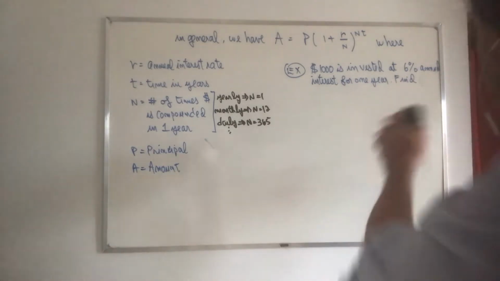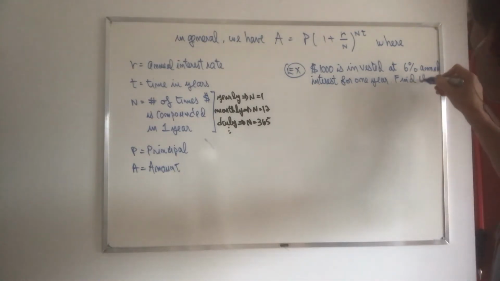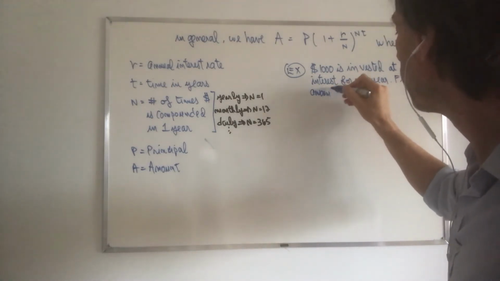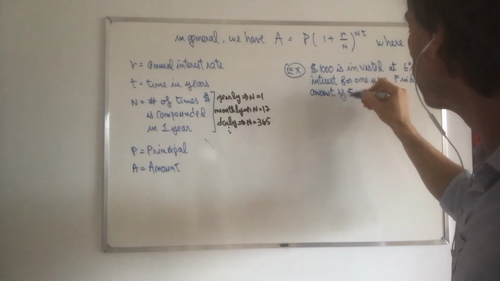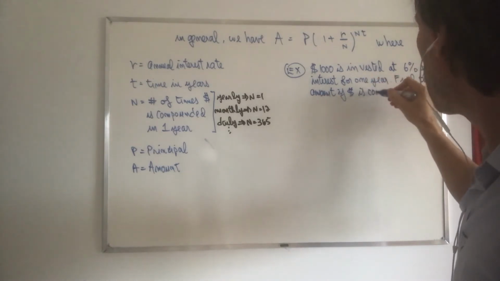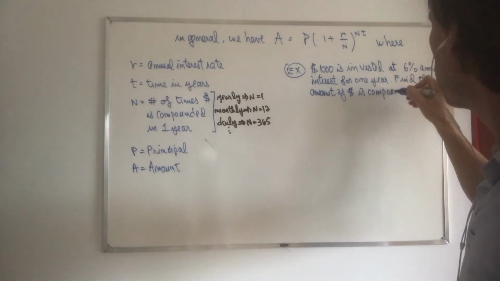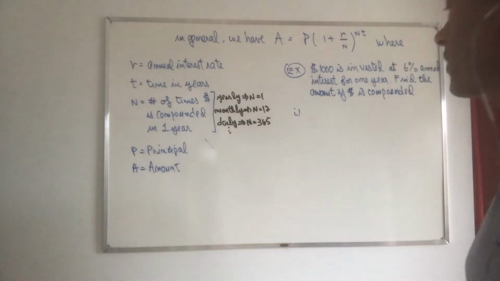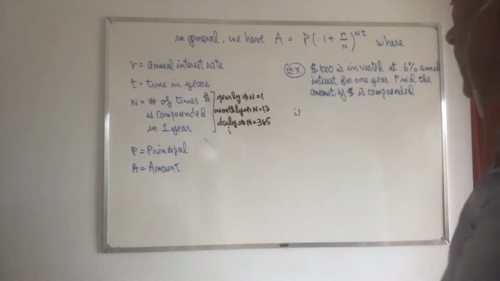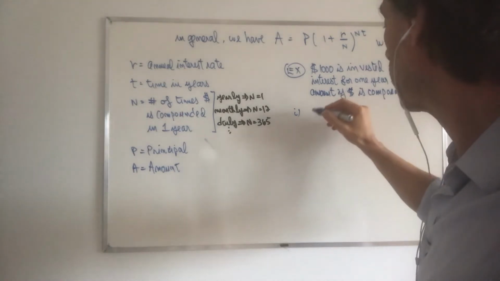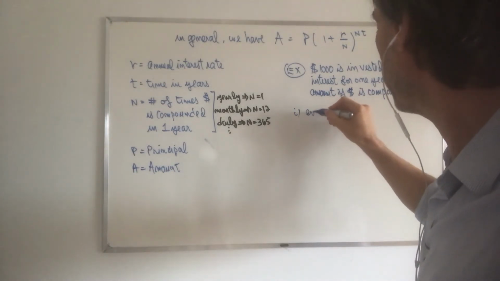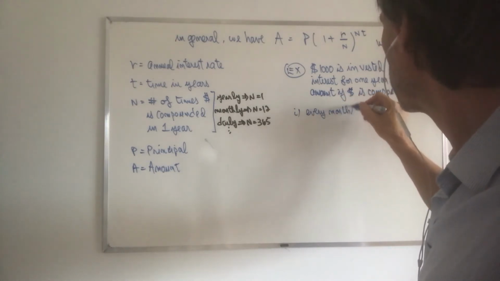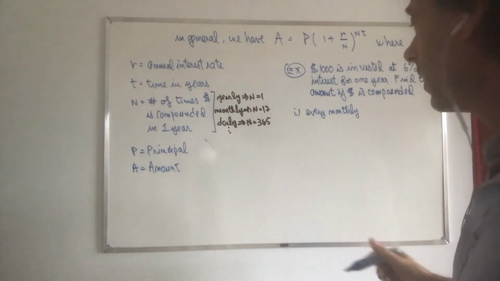Find the amount if money is compounded... And here, let's play. Let's change the compounding period. Let it be compounded every month. So this is money given to you after every month.